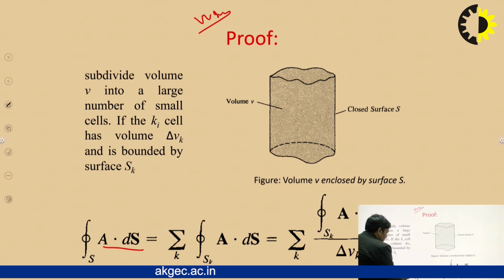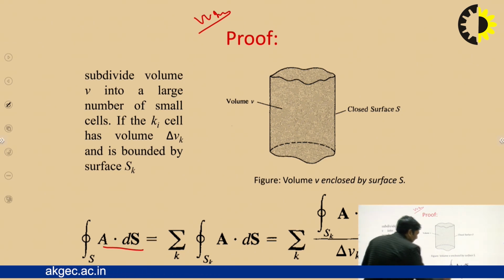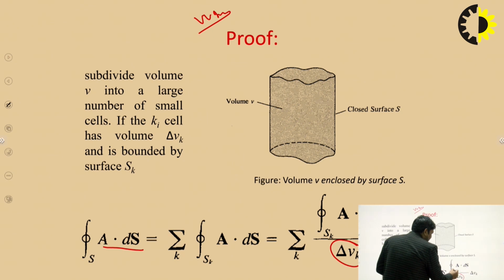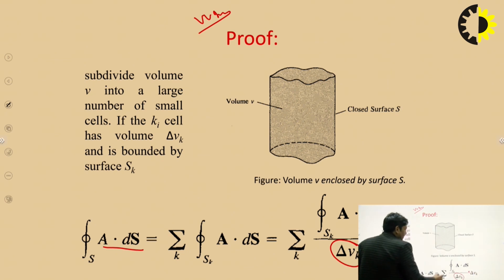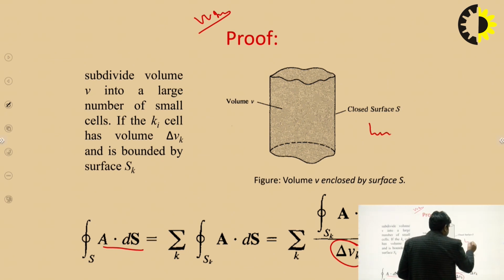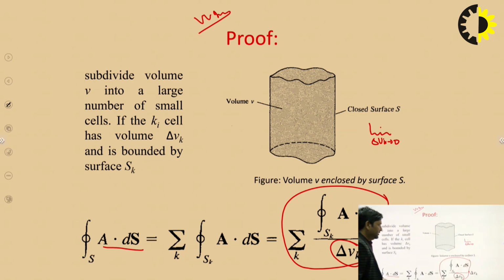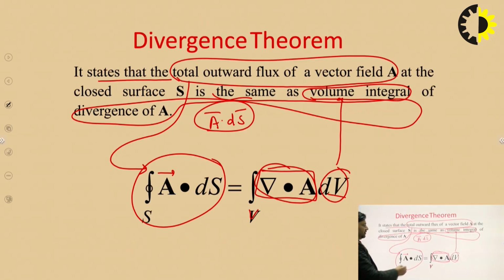So if we divide and multiply by the volume, that means this is the limit of the sum of A dot ds divided by delta Vk, into delta Vk, where delta Vk tends to 0. This expression converts into del dot A.